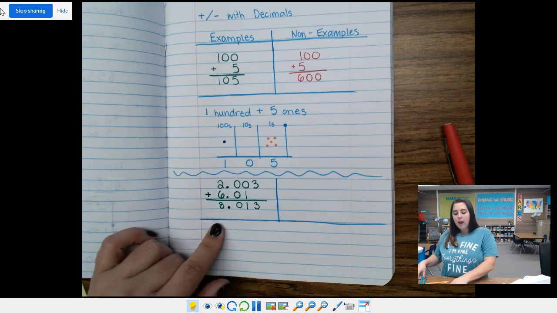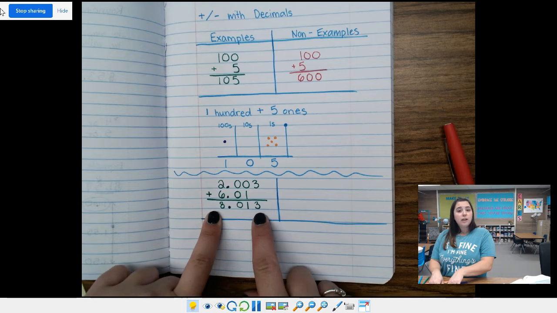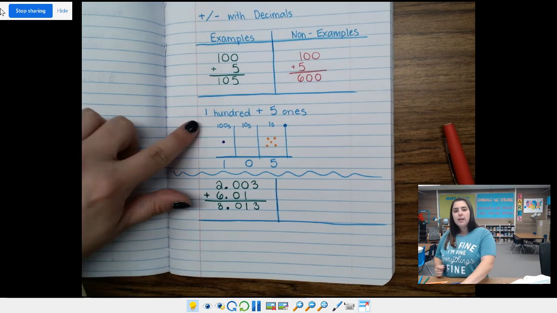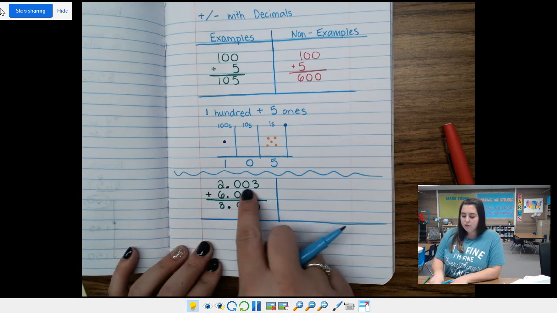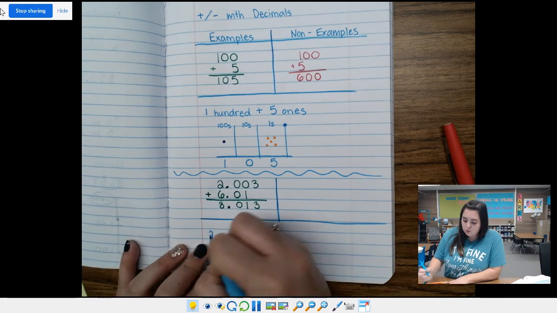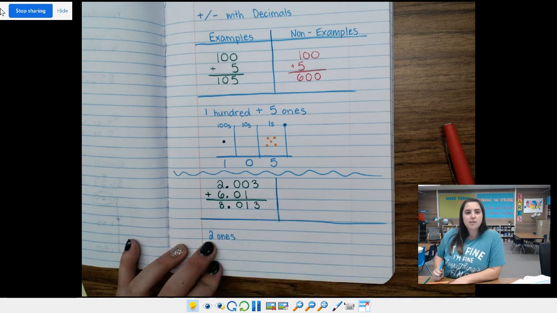But let's talk about how I knew that the 2 and the 6 had to be added, because the 3 didn't change and the 1 didn't change. Why is that? So let's write in unit form, just like we did up top. On the first number, I have 2 digits that have value. I have 2 ones. It's in the ones place.